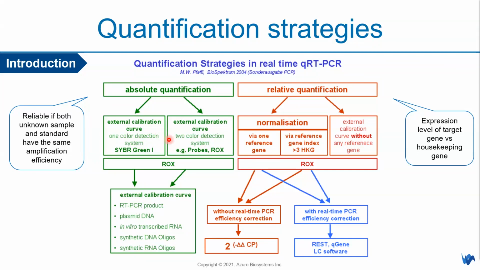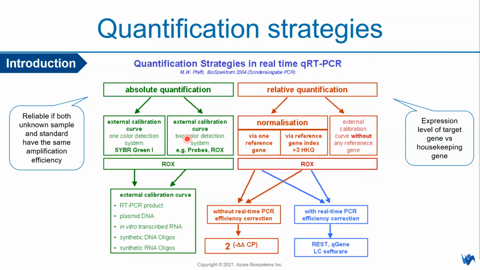In the previous webinar, we focused on this absolute quantification, where we mentioned that the choice of the calibrator, or the template for generating the standard curve, is very, very important, because that tells you the exact CQ or the DNA copy input that you count back to your target gene.